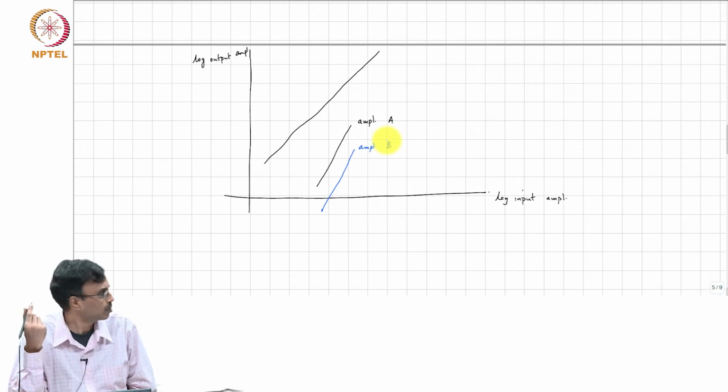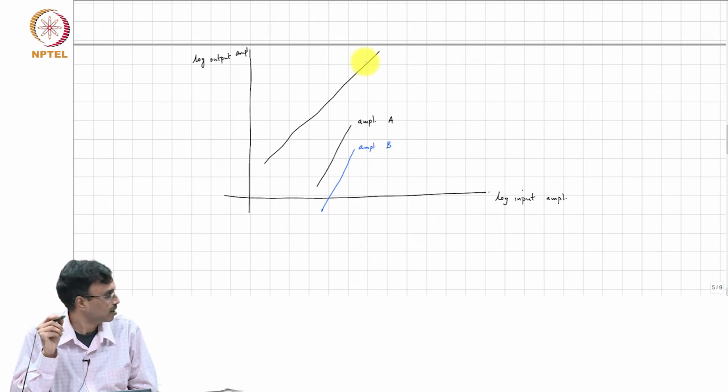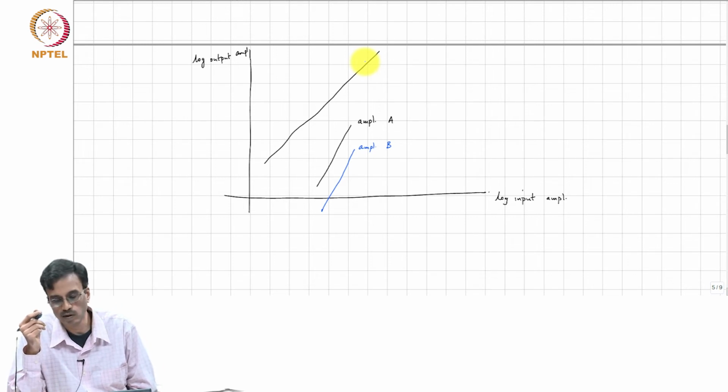Amp B is more linear because even though both of them have the same fundamental output amplitude, the second order intermod distortion is lower for amplifier B.